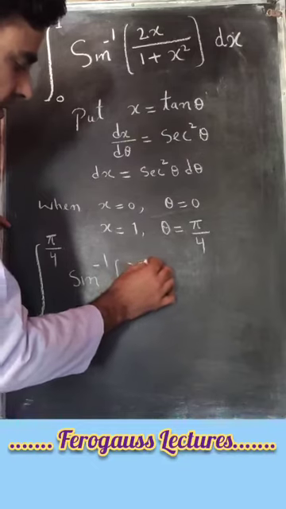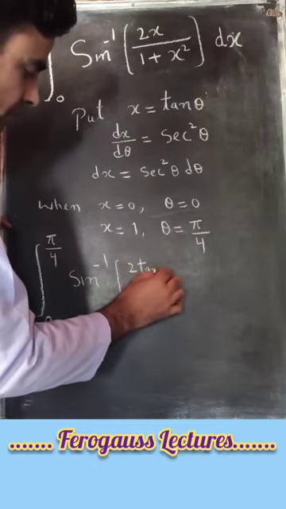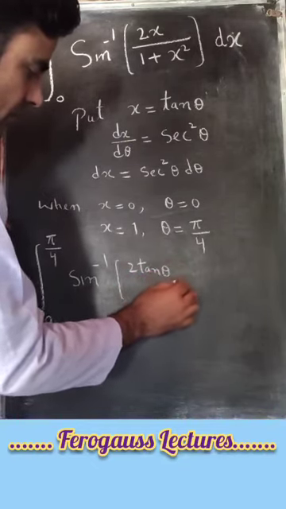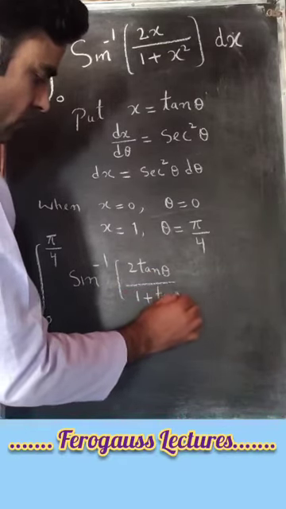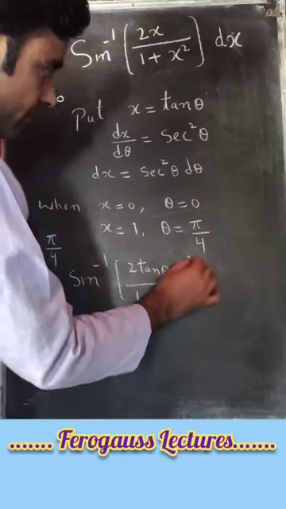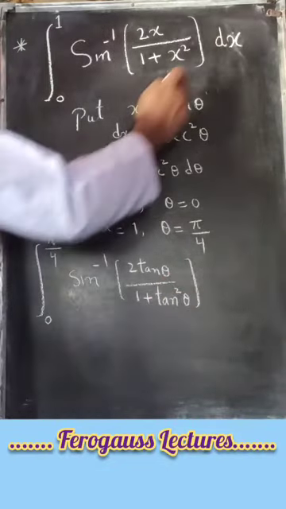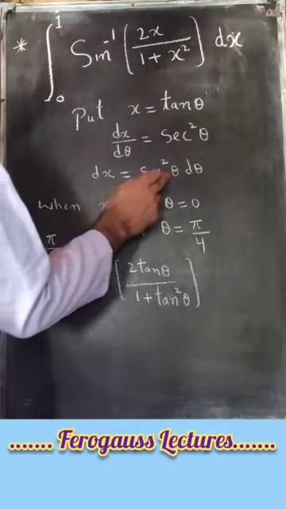Instead of x we have tan theta, so we write 2 tan theta divided by 1 plus tan square theta. Then instead of dx we can write secant square theta d theta.